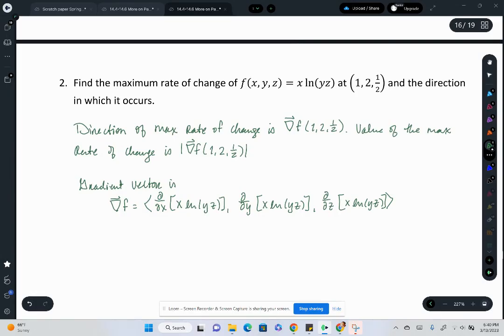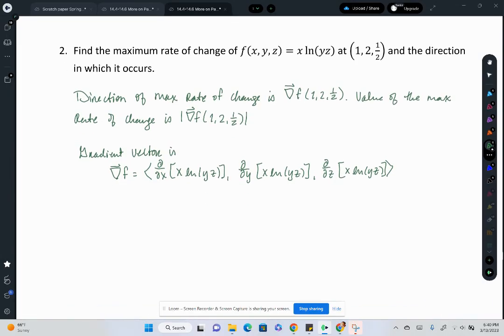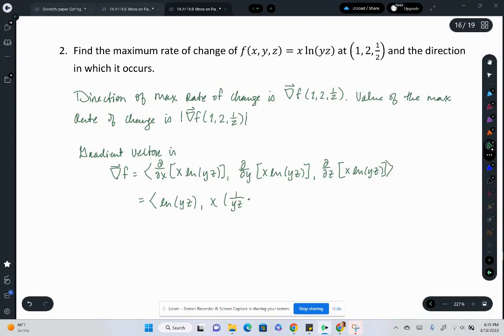Derivative with respect to x of x ln(yz). The ln(yz) is a constant and the derivative of x is 1, so that first component just becomes the constant ln(yz). In the second one, x is a constant. The derivative of ln(yz) with respect to y will be 1 over yz times the derivative of yz with respect to y, which gives me a z.